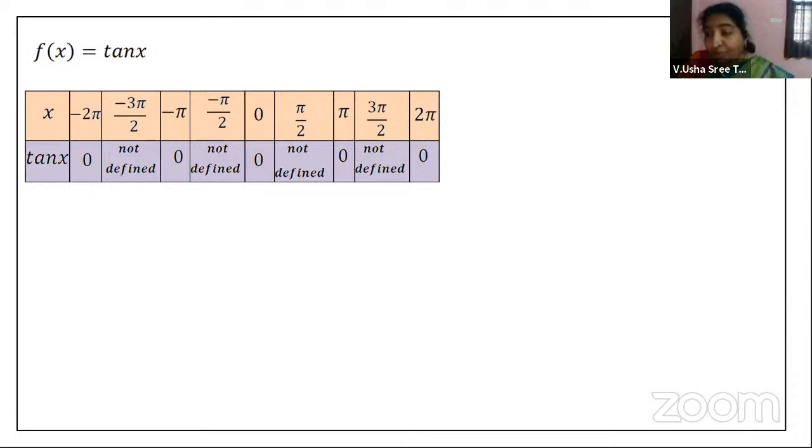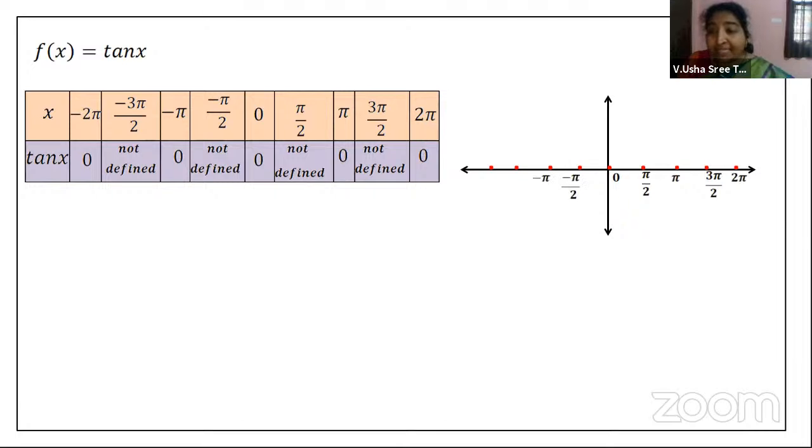Now, how to take the graph when you have an undefined value? Now we are taking the coordinate axis. We are marking the points 0, 90, 180, 270, 360, minus 90, minus 180, minus 270, and minus 360, right?